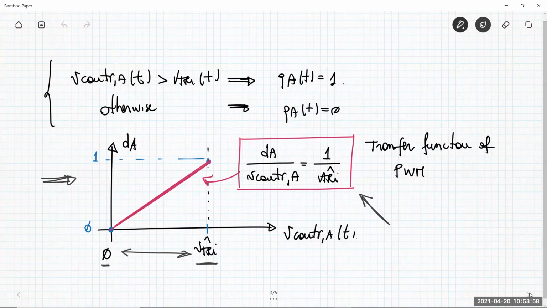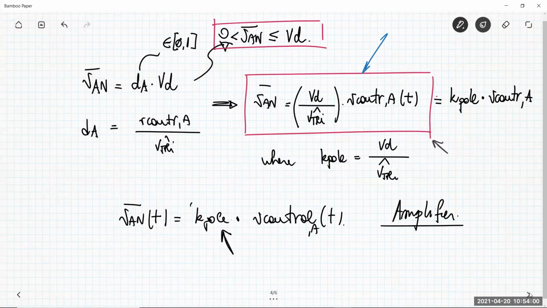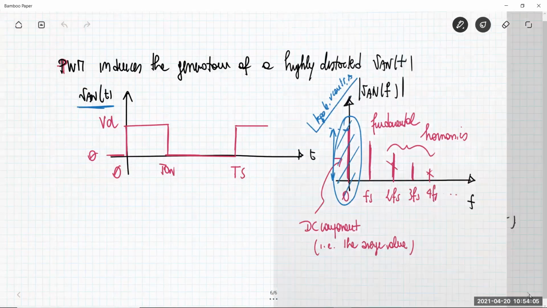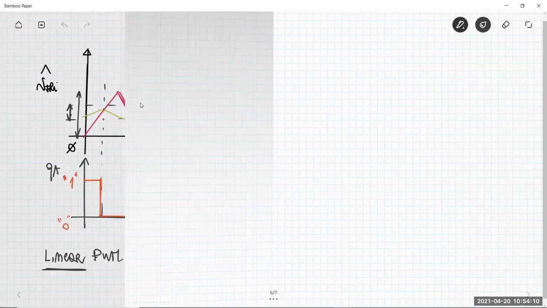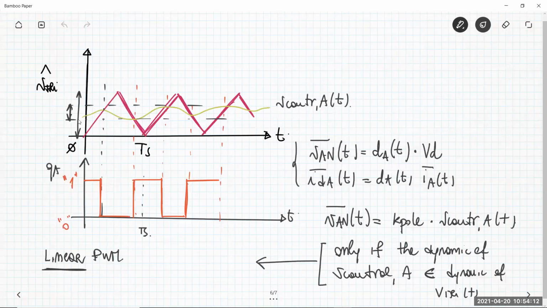Okay, and so when you have this characteristic, then you can derive this one, which is the same for both. So if you are in the linear situation, you simply see that you have the same process as before. I can say it transfers the information that is included inside the variation of the control voltage into the variation of the duty cycle of the unity switching function, included in the variation of the width of this variable.